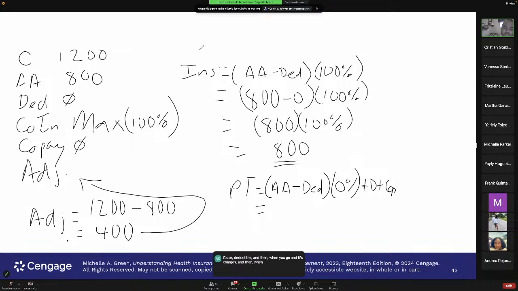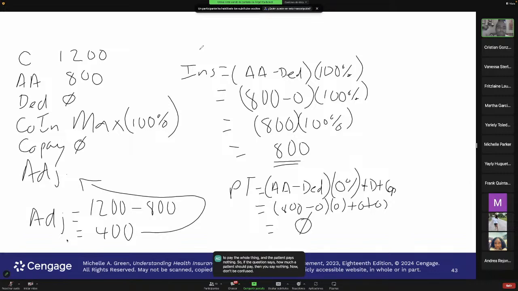So 800 minus 0 times 0 plus 0 plus 0 equals 0, because as soon as you multiply something times 0, it's going to give you 0. But you already knew that because it said the insurance is going to pay maximum. The insurance is going to pay the whole thing. So if you see a question that says insurance is going to pay maximum, you know the patient pays nothing. If the question says how much the patient should pay, then you say nothing.